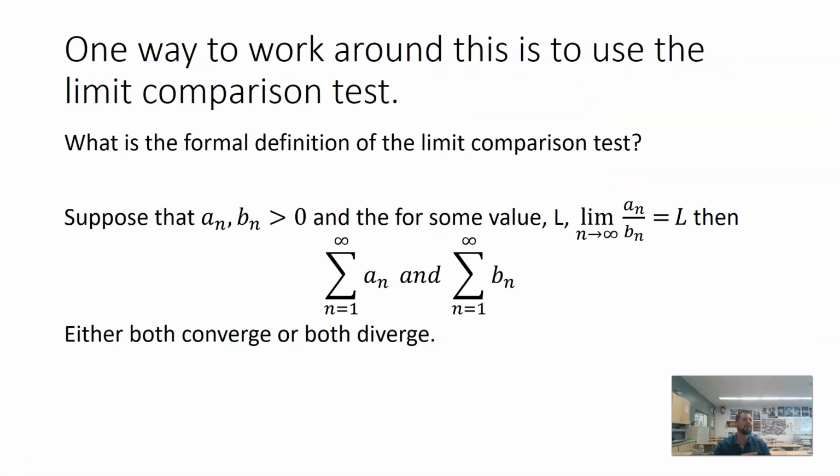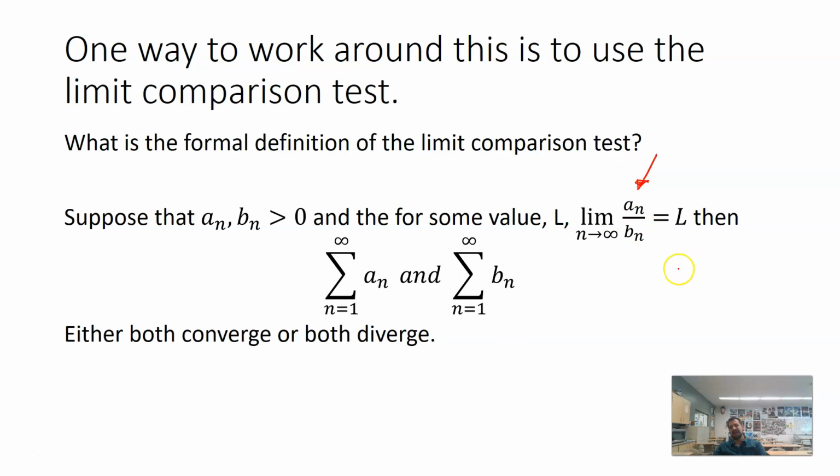Here's how you prove it using that. This is the formal definition. What you basically do is you make a fraction out of your two series, like a specific term in your series, and then you take the limit as n approaches infinity. Basically, what that's saying is, I want to look at a term that's way, way out there and see what fraction I actually get.